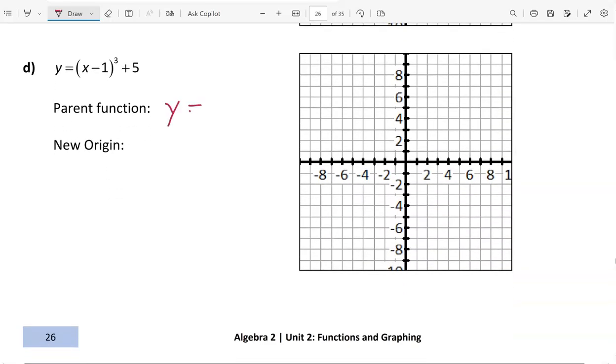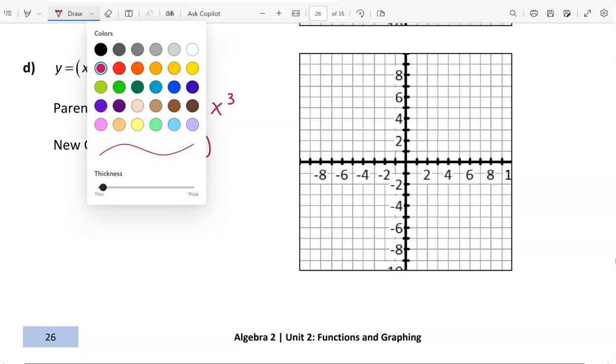Lastly, we're going to consider the parent function y equals x cubed. If we have an x minus 1 on the inside of the function, or the inside of the cubing, that'll give us an x coordinate for the new origin of 1 and a y coordinate of 5 from the plus 5 on the outside.